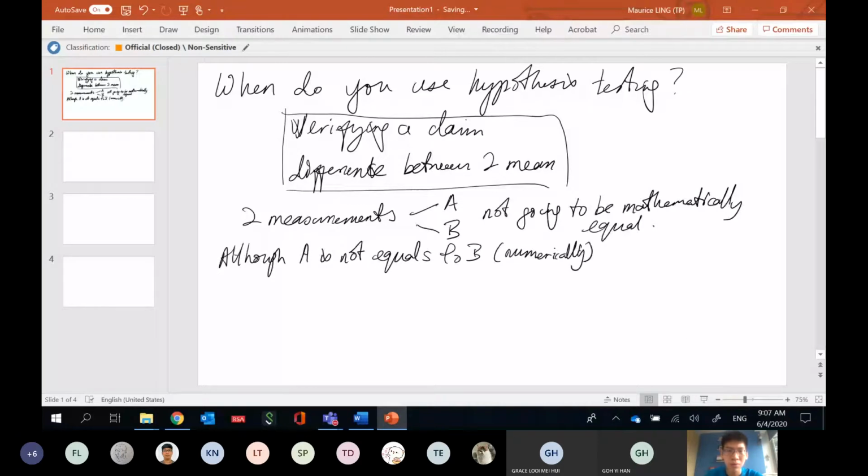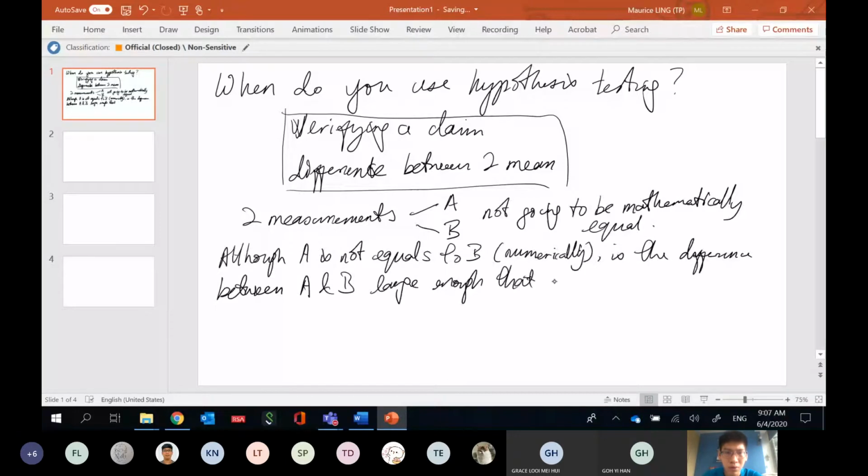What you want to find is whether the difference between A and B is large enough that they are not likely from the same population.